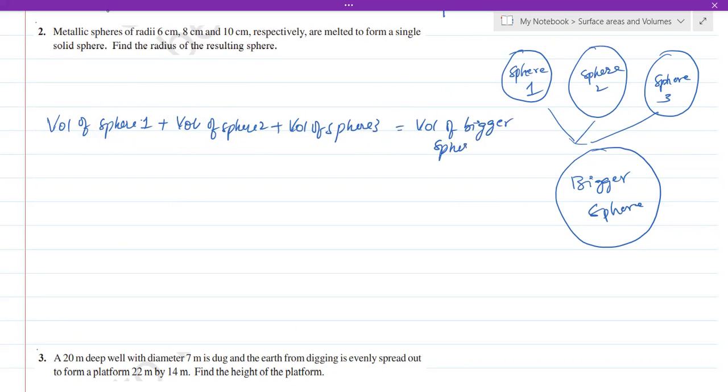Now let's take the radius of sphere 1 as R1, which is 6 centimeter, R2 is 8 centimeter, and R3 is 10 centimeter. We have to find the bigger R.